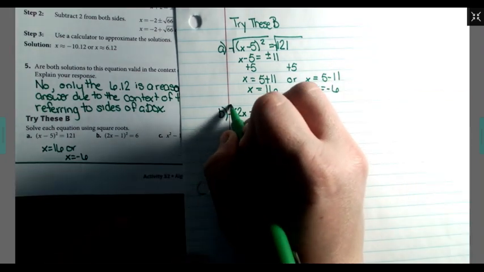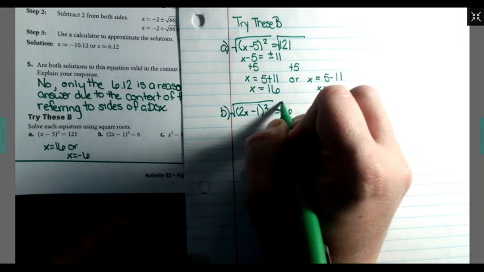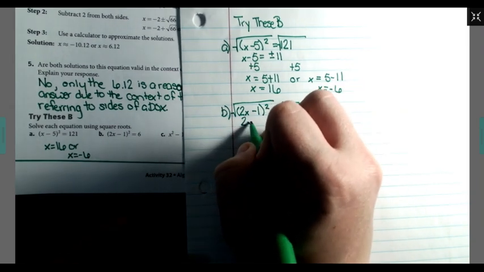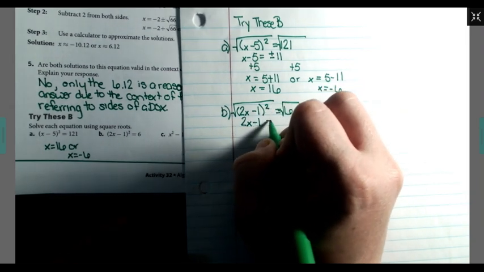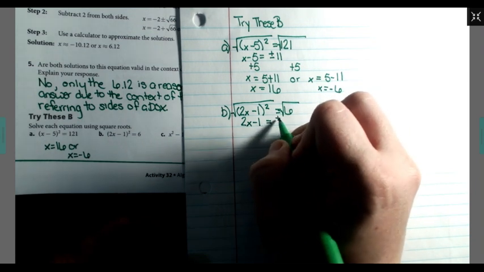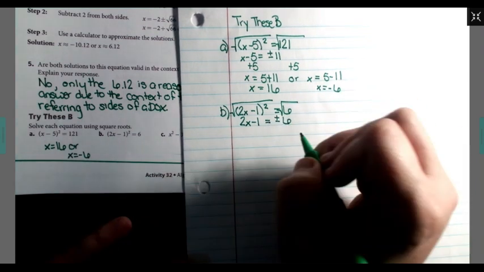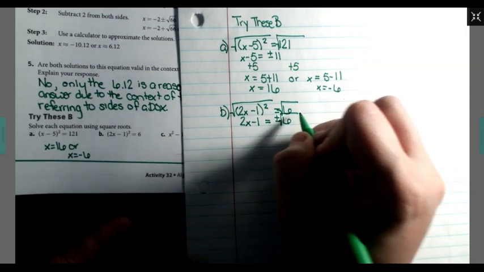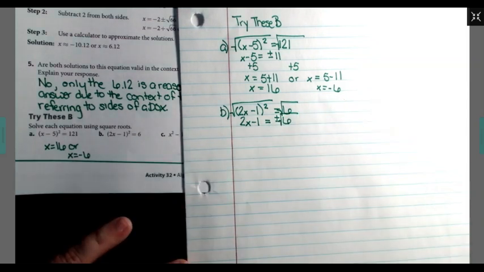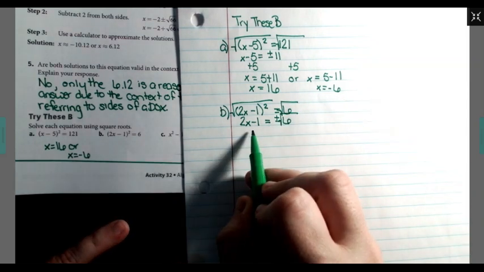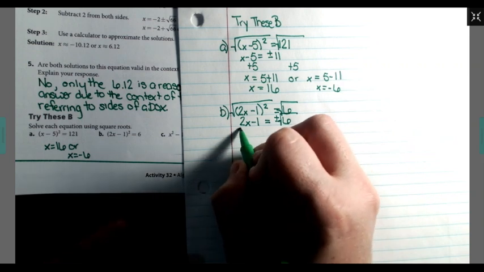So we're going to take the square root of both sides. So I got 2x minus 1 equals plus or minus the square root of 6. Well, we're going to add 1 to both sides.